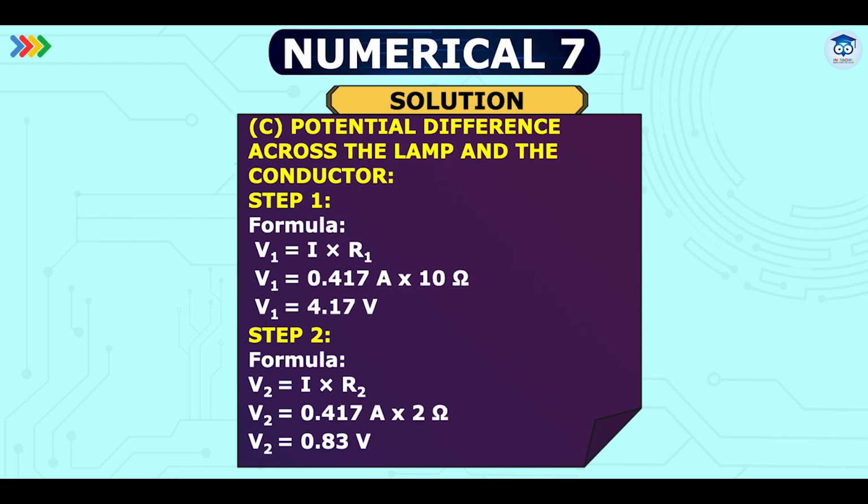Next, we calculate the potential difference across the conductor using the expression V2 equals I multiplied by R2. The current remains the same, that is 0.417 amperes, and R2 is 2 ohms. Thus, V2 is equal to 0.417 multiplied by 2, which is approximately 0.83 volts.